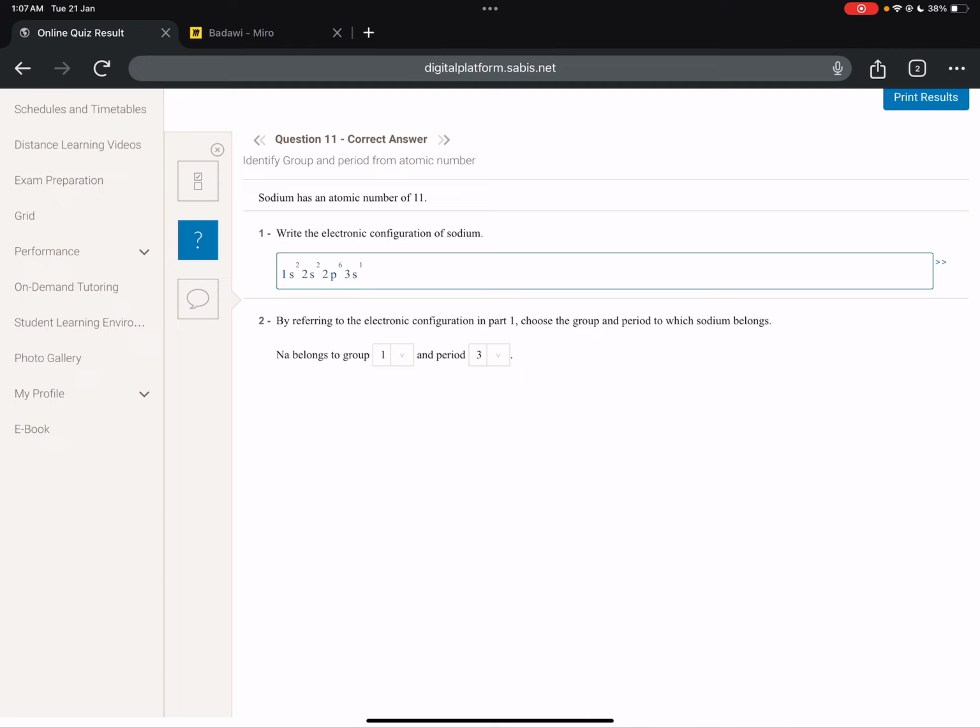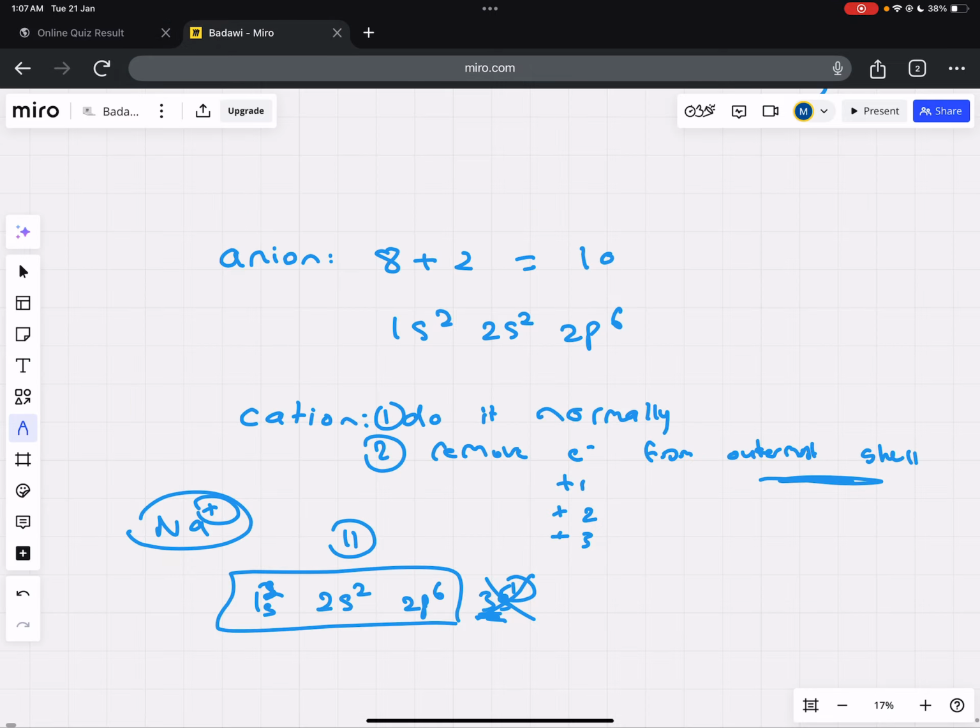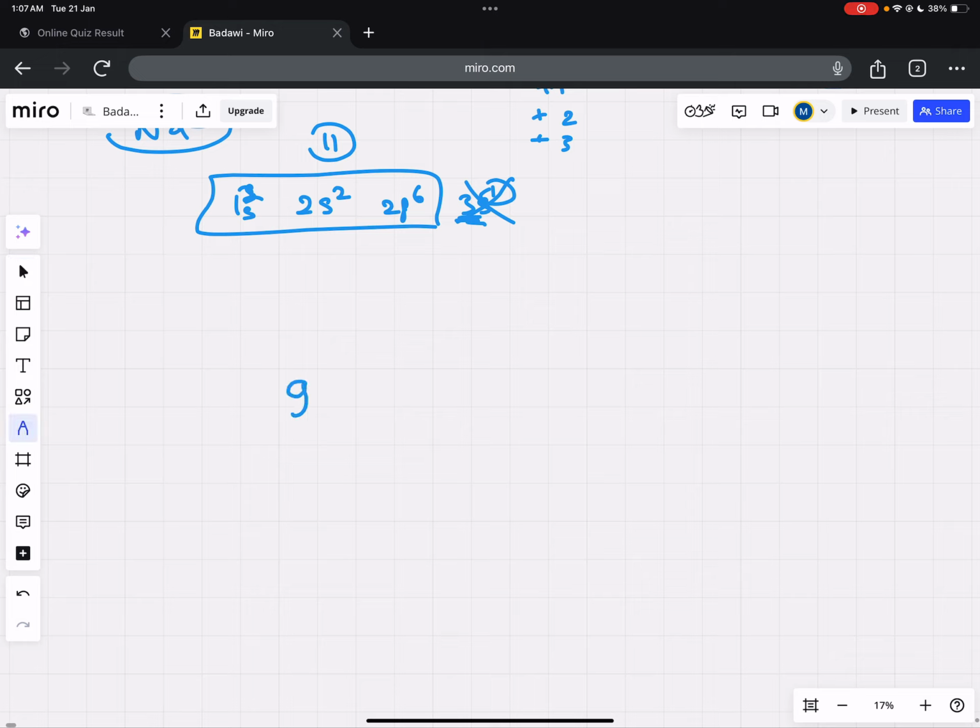Okay, so sodium has an atomic number of 11. Here, since we're not asking for sodium as an ion, just sodium normally, we don't need to remove any electron. By referring to the electron configuration in part 1, choose the group and period to which sodium belongs. Now, group number is determined by number of valence electrons. What are the valence electrons?